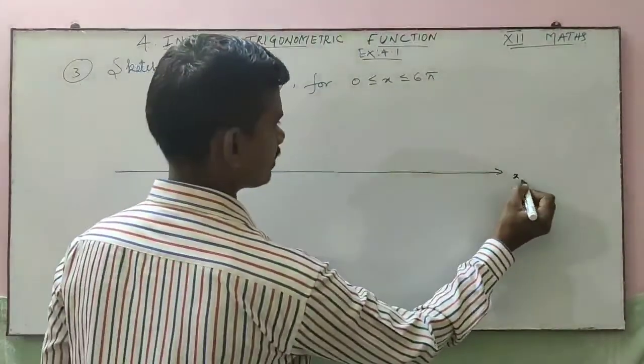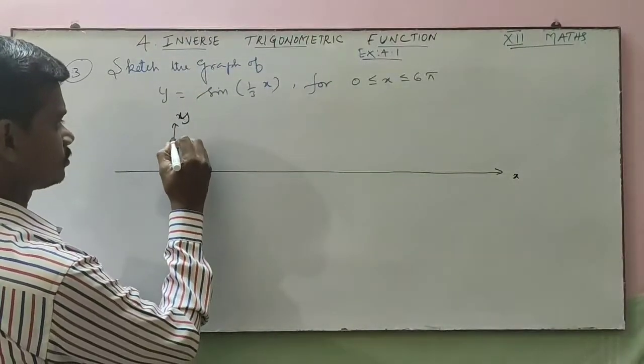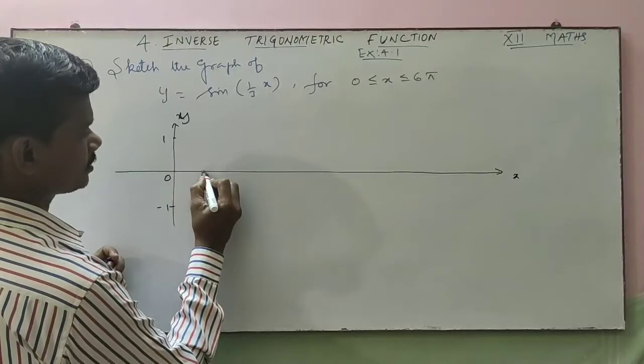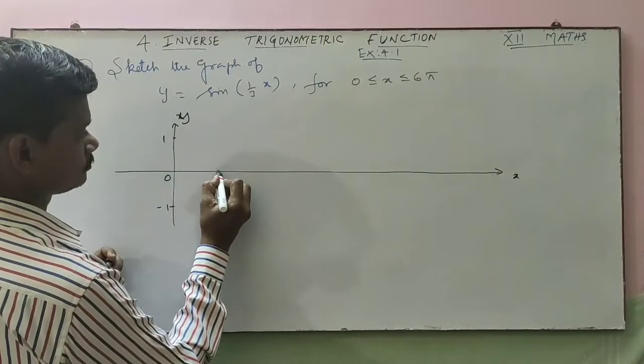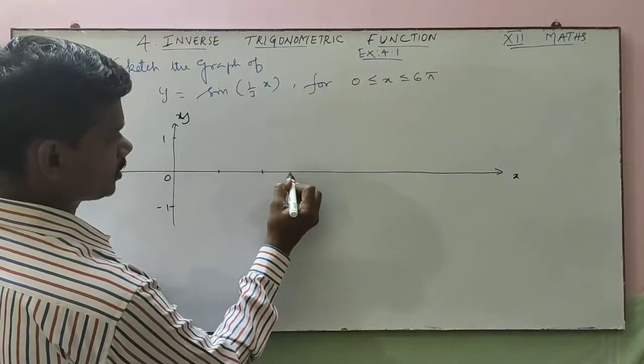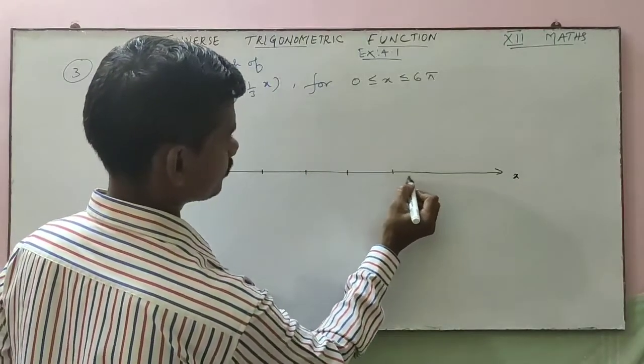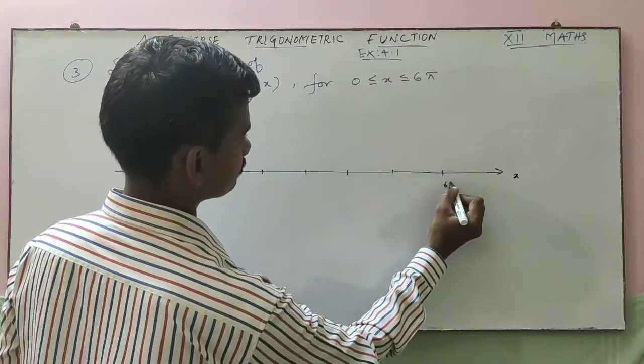Here y, here x, 0, plus 1 and minus 1. So I am going to take this pi, 2 pi, 3 pi, 4 pi, 5 pi, 6 pi.